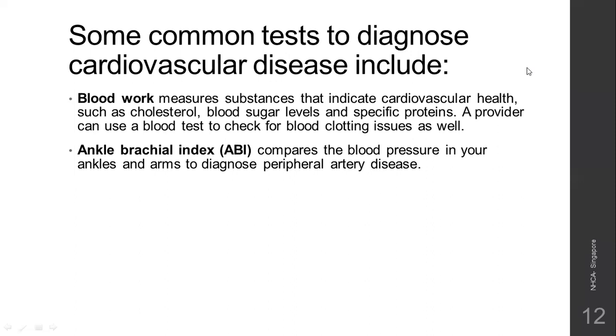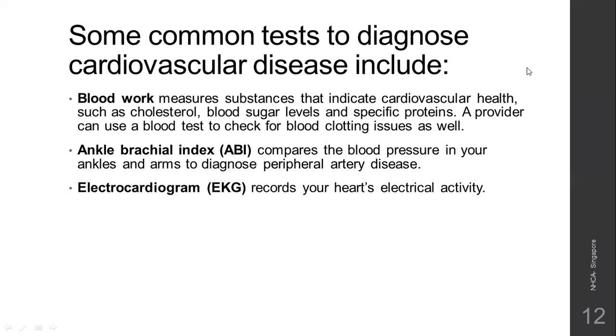The ankle brachial index compares the blood pressure in your ankles and arms to diagnose peripheral artery disease. If the blood pressure in the ankles and at your arms is drastically different, a big gap between the two areas, it means there could be a peripheral artery disease.